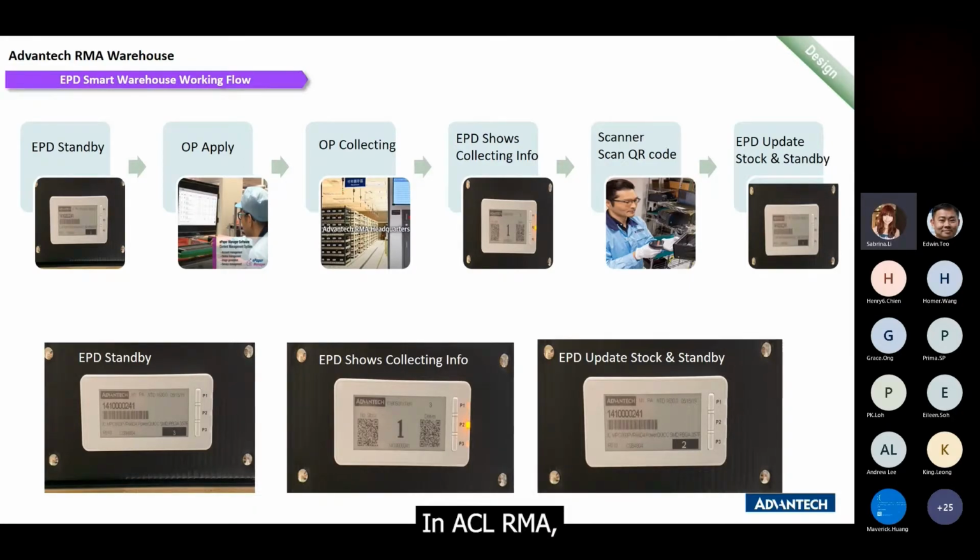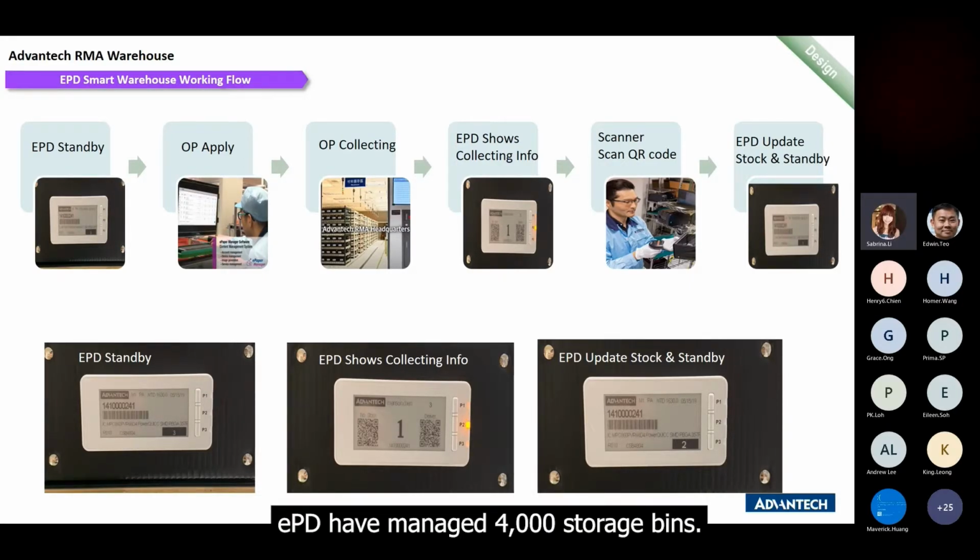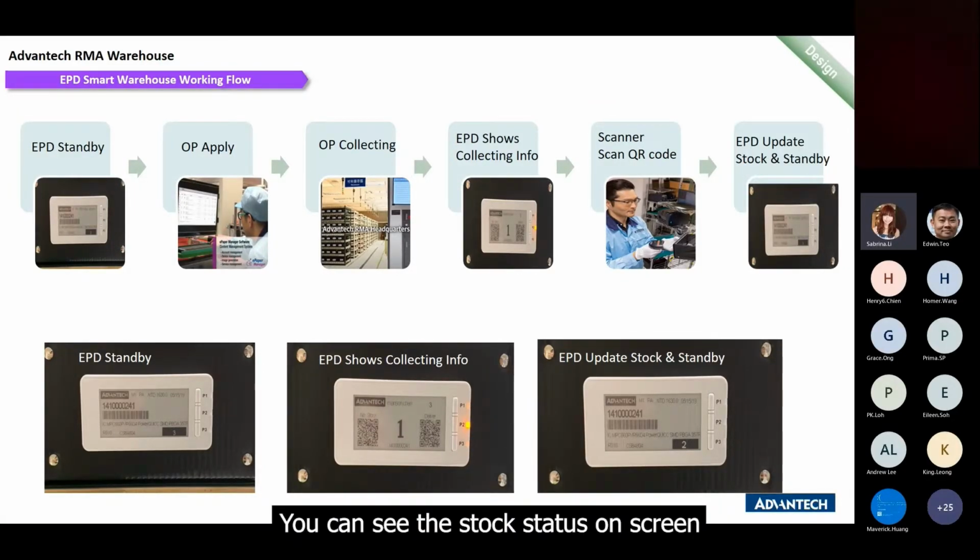In ACL RMA, EPD manages 4,000 storage bins. In standby mode, the EPD shows stock status. You can see the stock status on screen. And when the EPD device receives a task, it will show the task information and the indicator lights up to guide the process. After the operator completes the task, the EPD deducts the stock and goes back to standby mode.